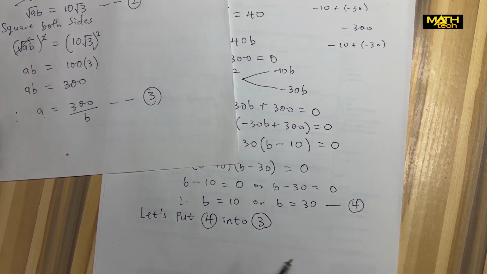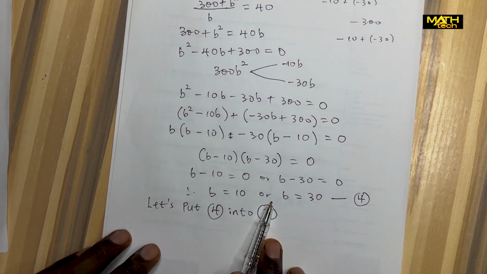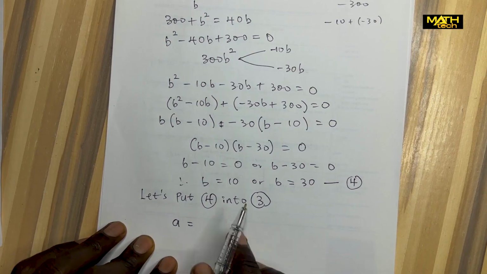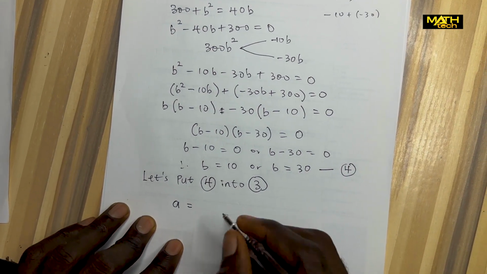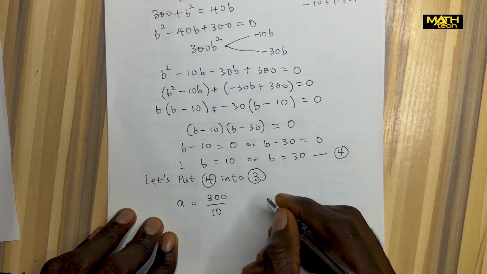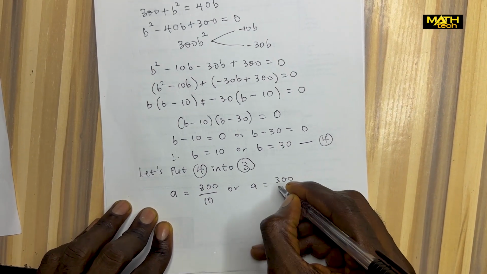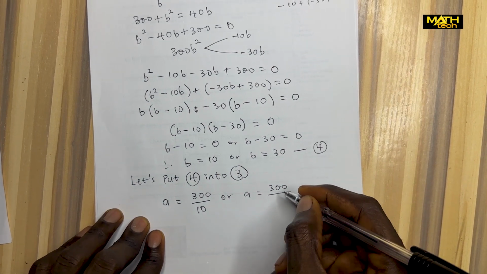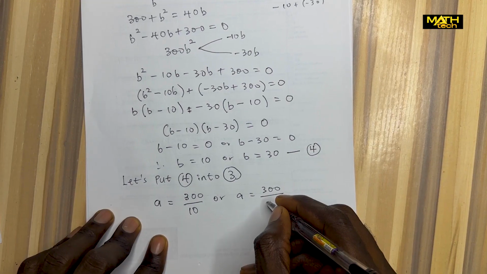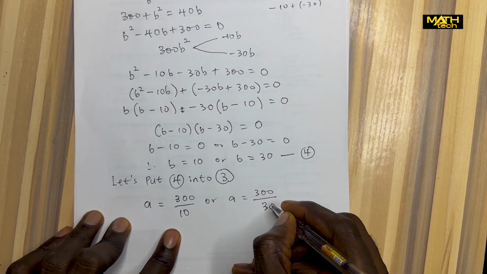So don't forget that equation 4 has two values, as b equal to 10 and b equal to 30. So this will be a equal to, anywhere you see b, you put 10 or you put 30. So 300 over 10, or a equal to 300 over 30.